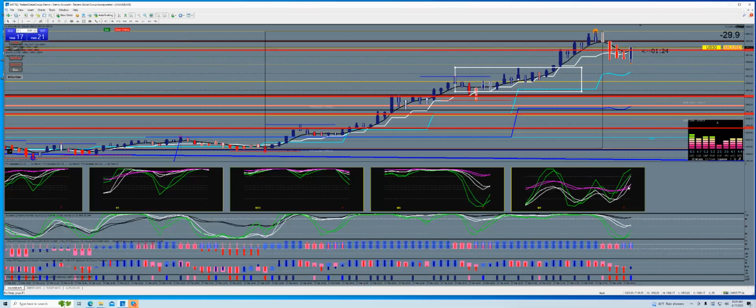See, this is a good indication that the 5 minute is attempting to cycle up, because again now you're getting a change in direction on the 1 minute to the upside.